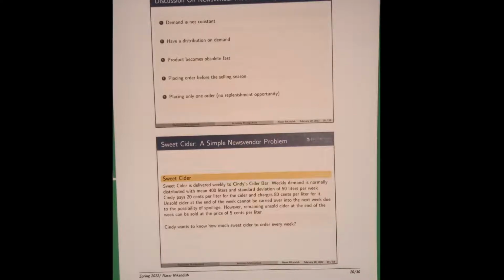The companies that sell specific seasonal items, especially toys, say if you pre-order, you get this much discount. Why do you think they are offering a discount for pre-order? By offering a discount to get pre-orders, they are reducing uncertainty from demand.